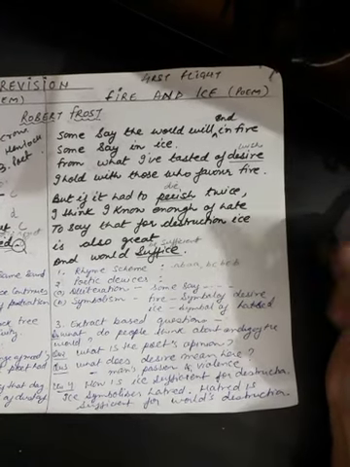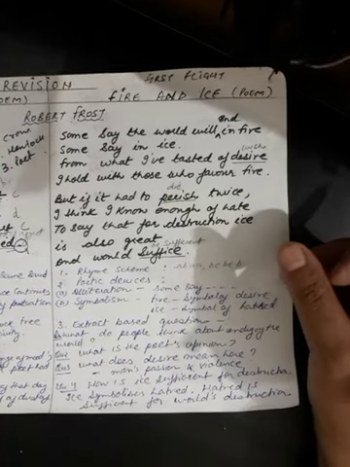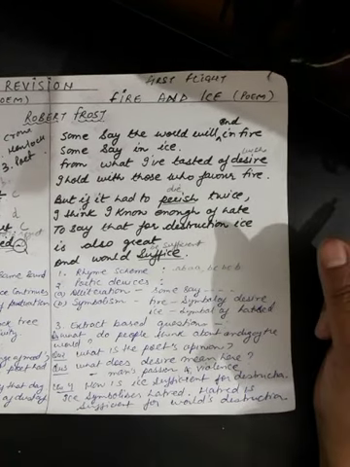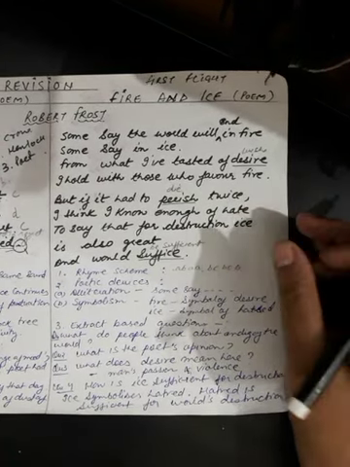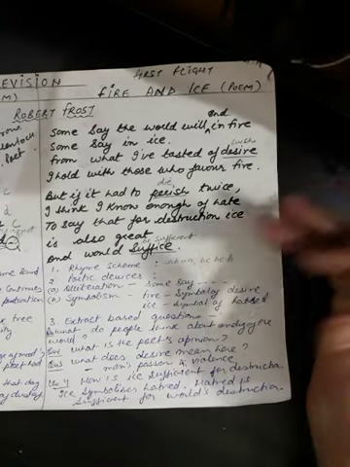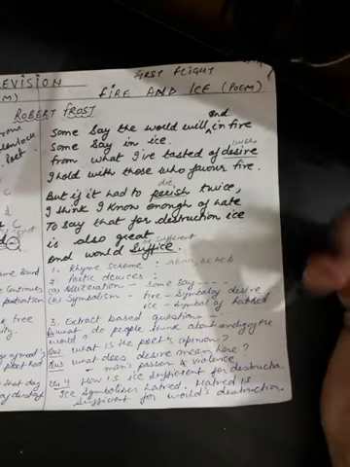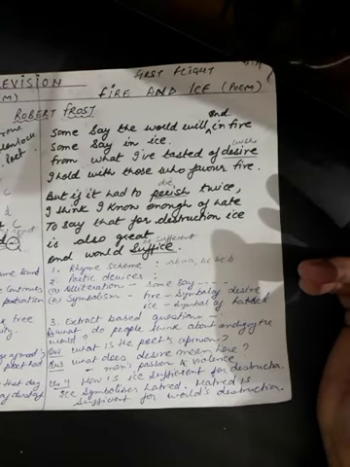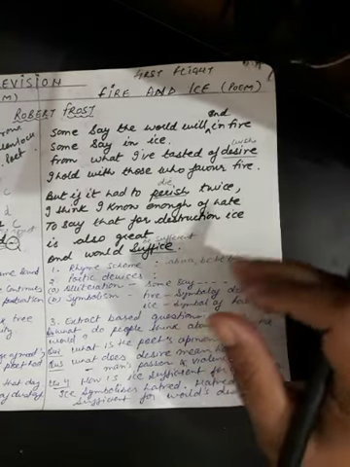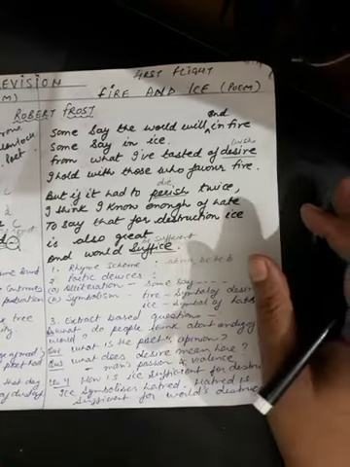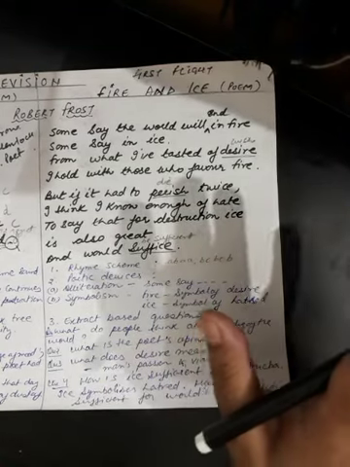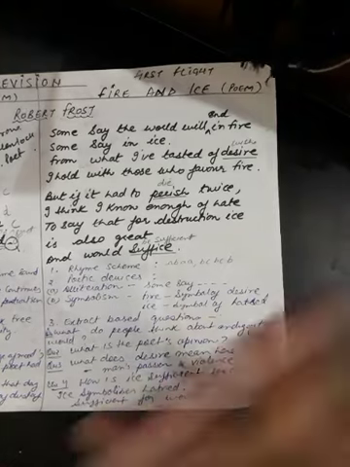Now going to the quick summary of this poem, or a quick revision or explanation of this poem. Some say the world will end in fire. It's what the poet is saying, that it is his perception and his thinking, that someday or the other the earth is going to finish off.